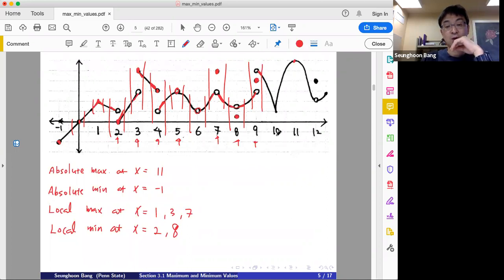What is 10? Yes, this is the locally lowest point, local minimum at 10. What's 11? Yes, locally highest point, 11.